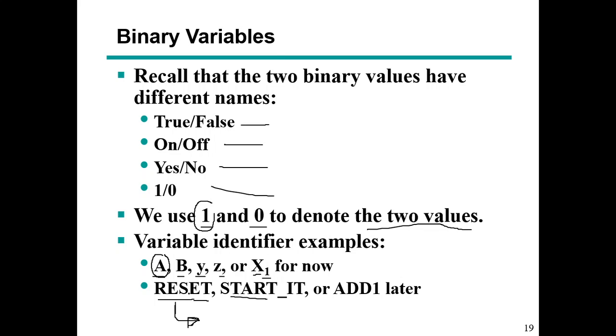Say it will reset something. If it is a counter, it may reset the counter to the value 0. If it is a CPU, it will reset or restart the CPU. Basically, restart means that the program counter, the register in the CPU which holds the address of the instruction which has to be executed next, is reset to 0 or some initial value. That is what reset means.